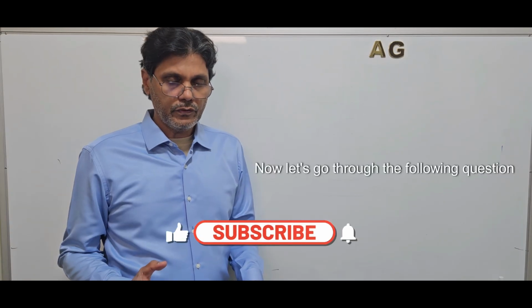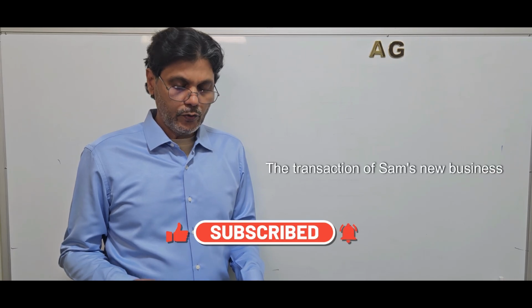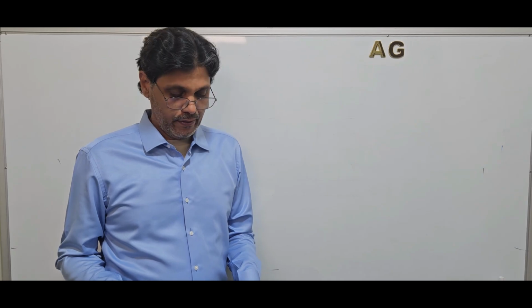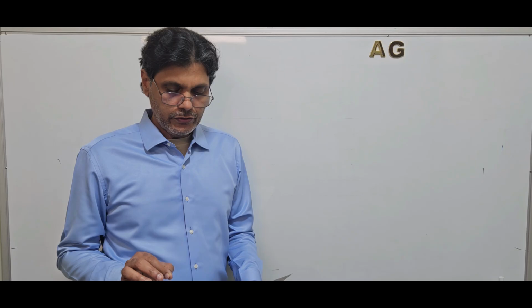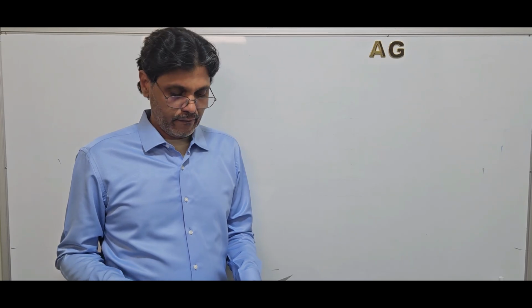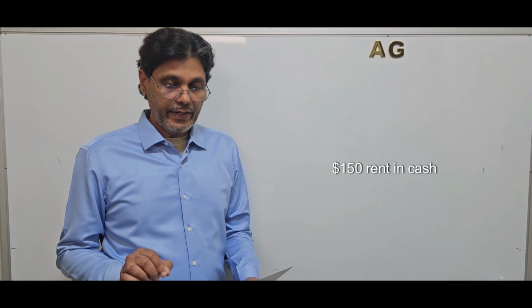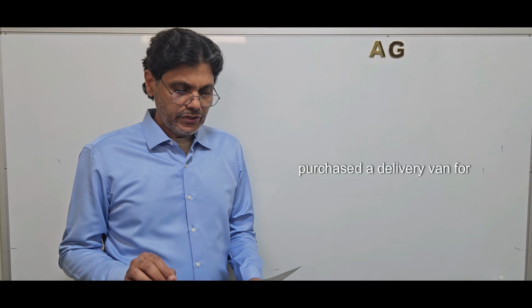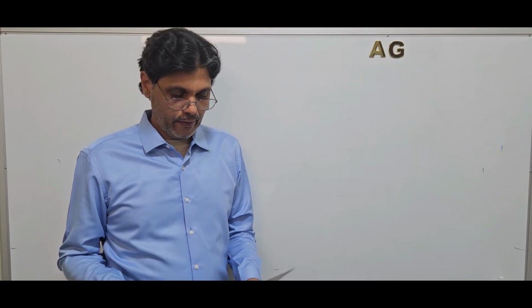Now let's go through the following question. The transactions of Sam's new business in its first week are as follows. Commence business by introducing $1,000 in cash. Second transaction, paid $150 rent in cash. Third, purchased a delivery van for $400 in cash.